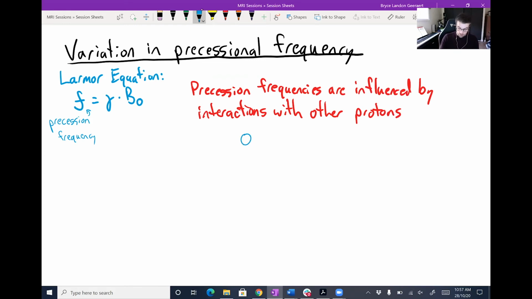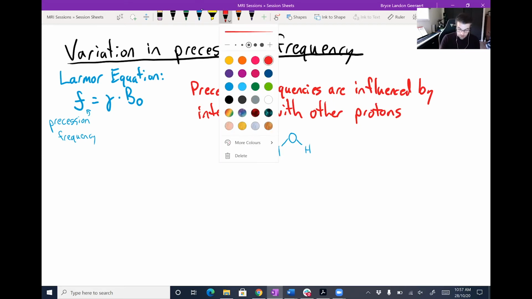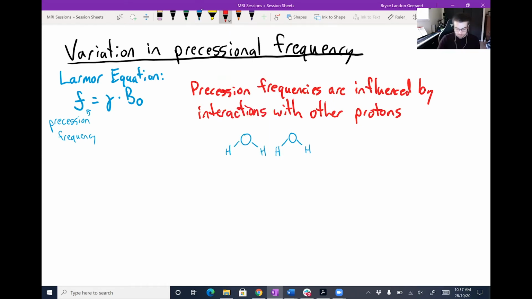So what this means in diagram form is just consider two molecules of water, right? You've got two oxygen atoms, with covalent bonds to two hydrogen atoms each. The oxygens can do what they want. We're not interacting with them in MRI typically, or maybe at all. I've never heard of oxygen imaging. But these hydrogen atoms we care about.